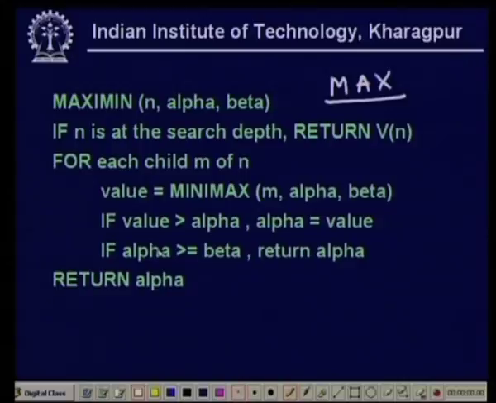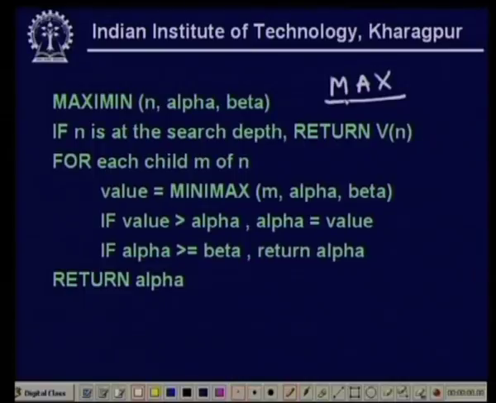If the value is greater than the current alpha value of this max node, we update the value of alpha. Now, if the current alpha value happens to be greater than or equal to beta, where beta is the value of its min ancestor which has been propagated to this node, in that case we will return alpha, because we need not explore this max node any further.